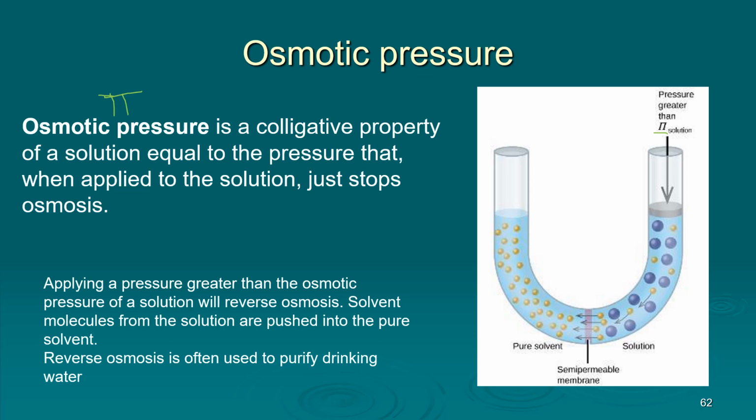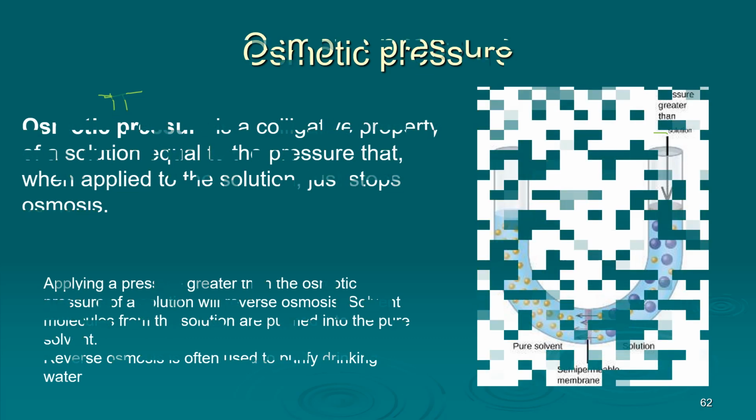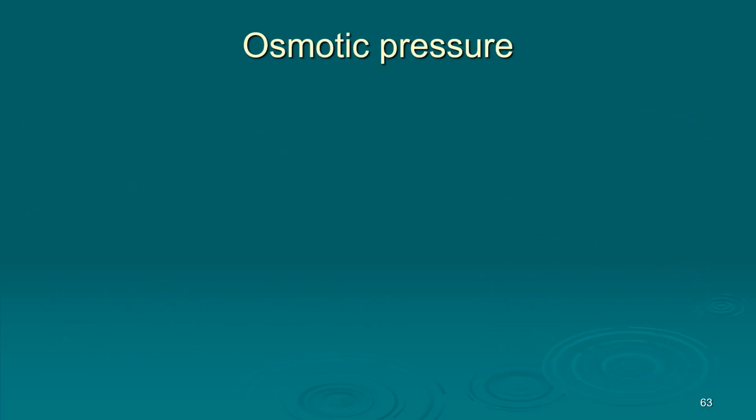So osmotic pressure is the amount of pressure required to stop osmosis from happening. Obviously, the more concentrated the solution is, the larger the osmotic pressure is. So that's why it's a colligative property, because the more concentrated it is, the higher the pressure is. So why is that important?